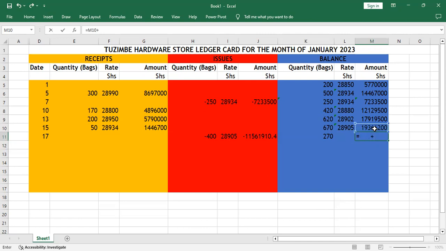This minus this. Of course, I'm using a plus sign simply because this is already negative. But if these figures were in brackets, we just minus them from the 19,366,200. I'm trying to add simply because Excel does not accept the use of brackets.